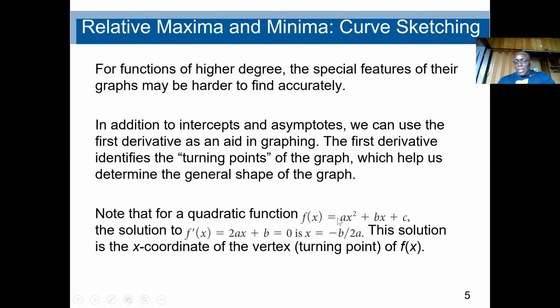So if a is either positive or negative, then it will open upward or downward. We can find the turning point using a different method: find the first derivative of the function, then find x, which will be minus b over 2a. If you remember, it was the same formula for finding the vertex of a quadratic function.